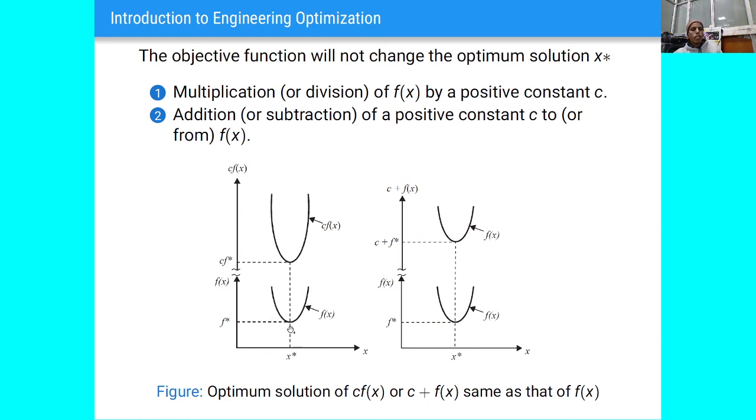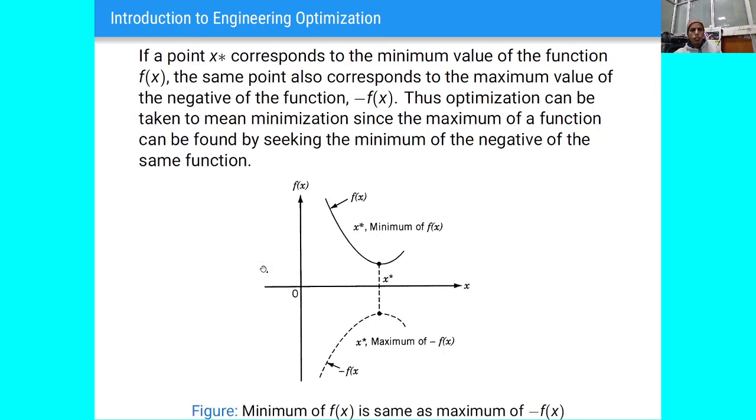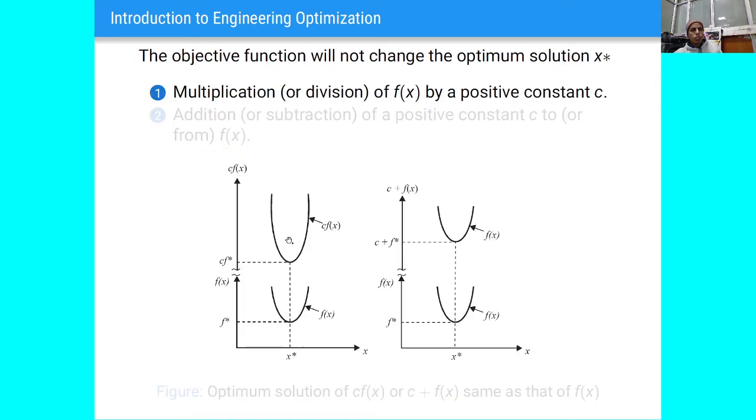Okay, so here you can see, you take this as your x-axis and this is your y-axis. We have a certain function f(x) which we have drawn like this. Okay, so first let us take an example of multiplication.